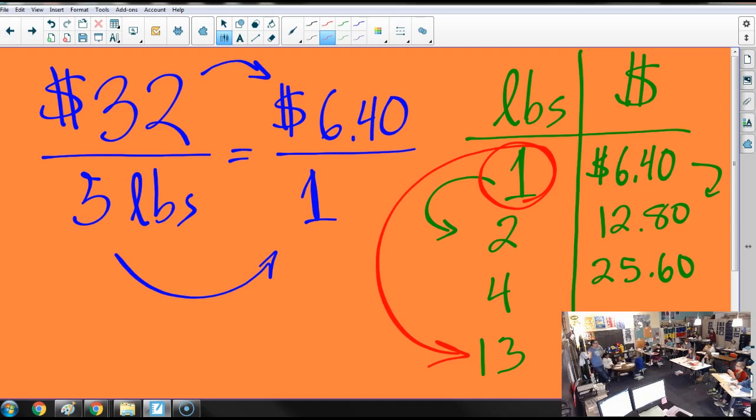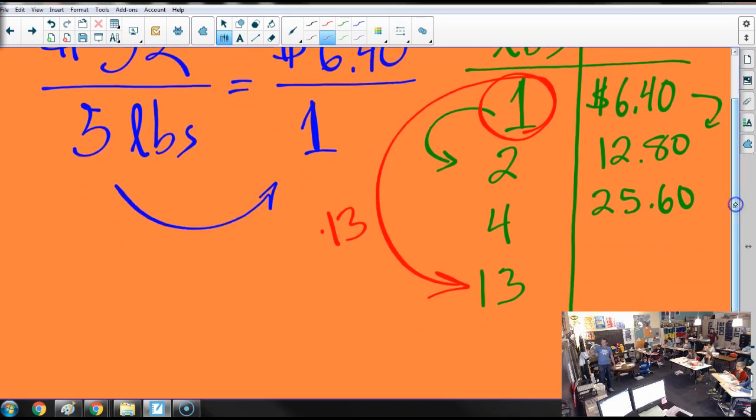So once you have the unit rate, we could even solve, what if we buy 14.72 pounds? We would just multiply by 14.72, right? Like you just use whatever number you want. So we multiply by 13 here, and use your calculator because we love technology. 83.20.